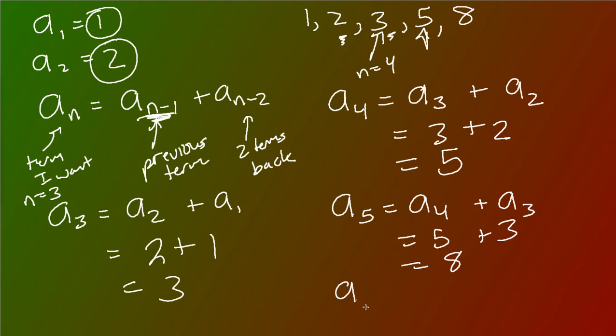So let's try one more, A6. So hopefully you see right away, 5 plus 8, 12, not 12, 13. We expect 13. So if I want the 6th term, the previous term is A5, and the one even further back is A4. And A5, that's 8, and 5, 13.